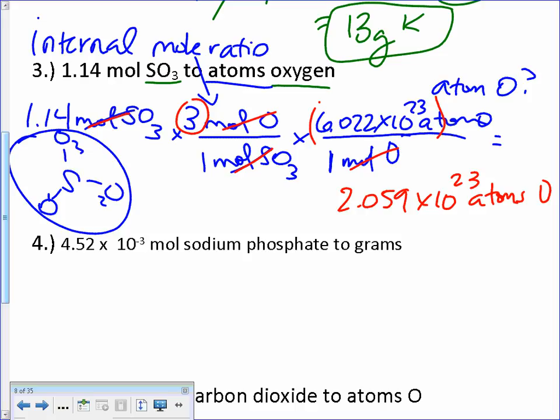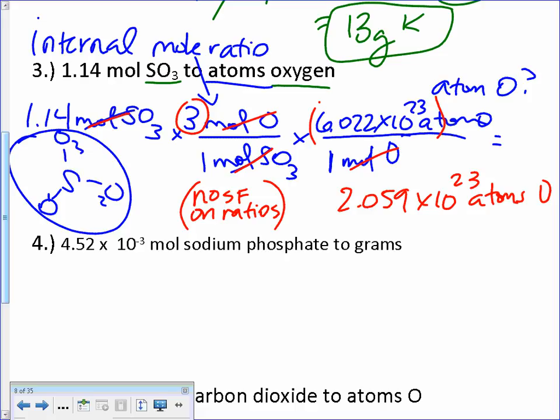I will tell you, no sig figs on ratios, because the ratios are not a measurement. Sig figs are all about measurement. So we have a measurement of 1.14 moles of sulfur trioxide. We have a measurement of this many atoms in a mole. But a ratio is not really a measurement, so do not record this to 1 sig fig.